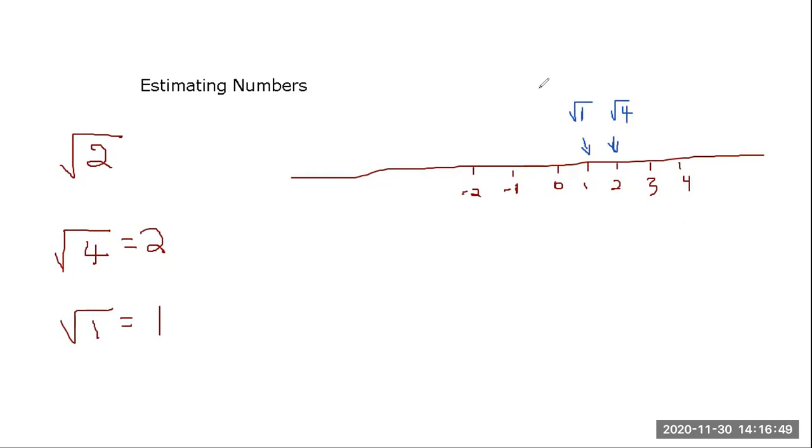So we'd want to estimate and say that square root 2 is somewhere between 1 and 2. That's basically us estimating where that square root would be. So we do it based on what we know.